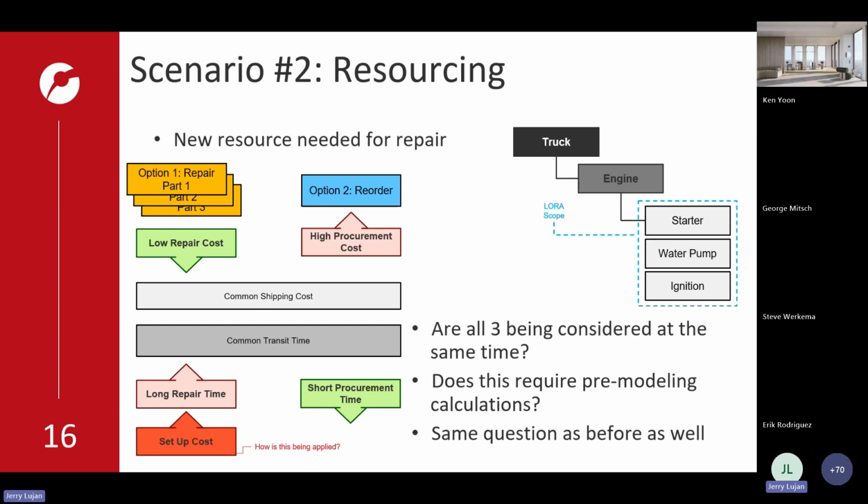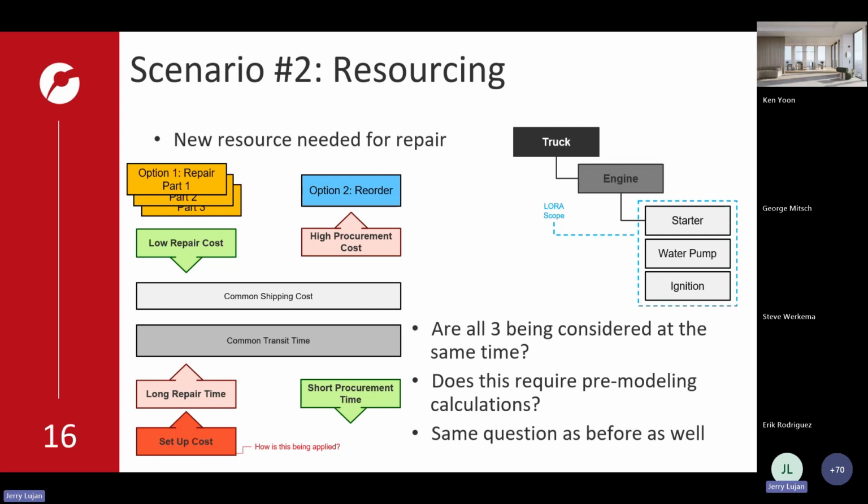How do we split up and account for that setup cost? Do you have to do all those pre-calculations in your modeling, like I said before, like you would have to do with something like Compass or EdCast, right? Would you have to go in there and do the combinatorics yourself, look at all these and run all of them, compare all, however many, 27 different answers to look for the best LORA decision?